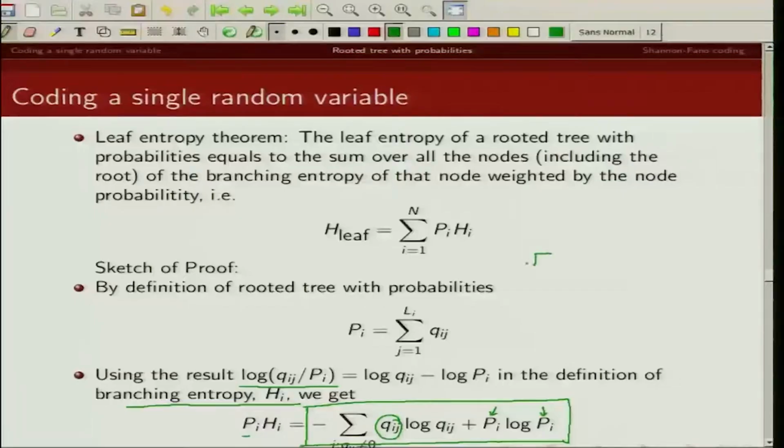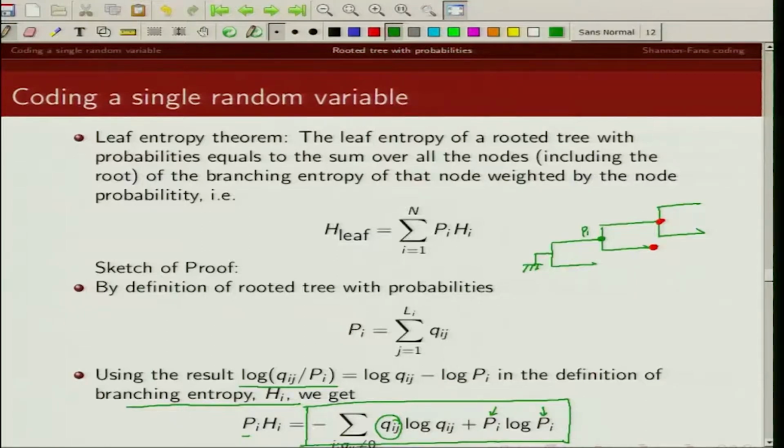So if you have a tree like this, and let's say I am looking at this particular node, then Pi is the probability of occurrence of this node, where Qi1 and Qi2 are these two. So these in the red are the probabilities at these nodes, my Qij's, whereas in green what I have is my probability Pi.